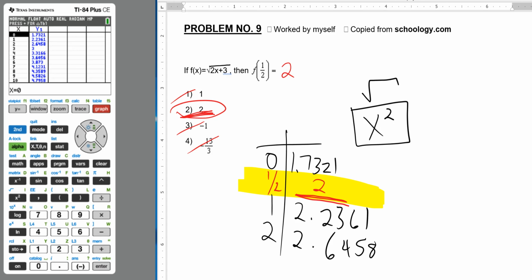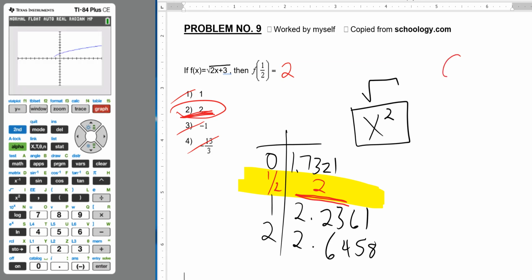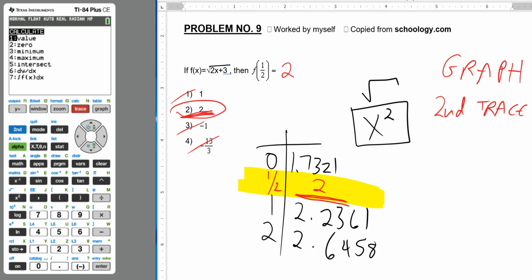But another way that you can always do this, if your table is not including what you need, you go to the graph, and on the graph screen, you're going to press second trace. These are all your graphing buttons at the top. So above trace, you see it says calculate. We want to calculate any particular value.